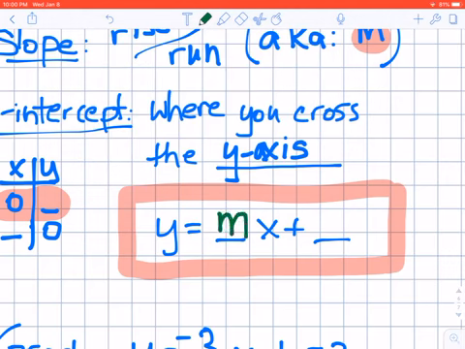But the m, the slope, is multiplied times the x, and the b is tacked on with a plus or a minus sign at the very end. And hopefully you've seen this before, but as a reminder, you may want to jot that down. Slope-intercept form uses both the slope in the front next to the x, and then the b is tacked on at the end.